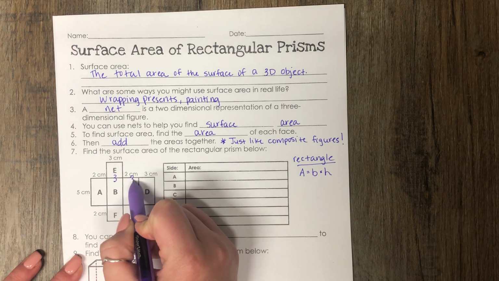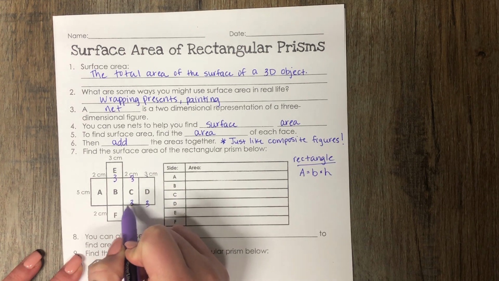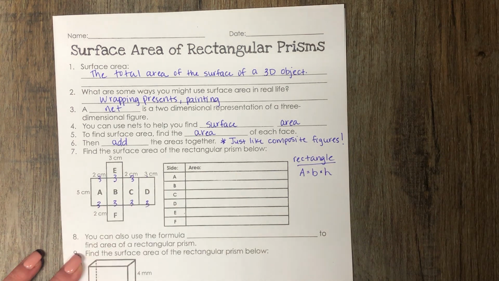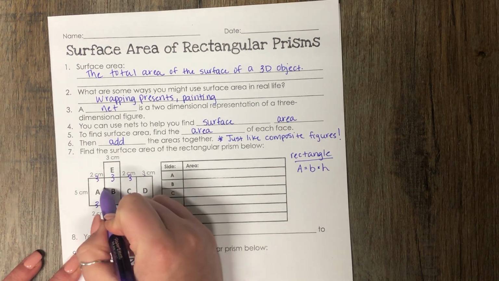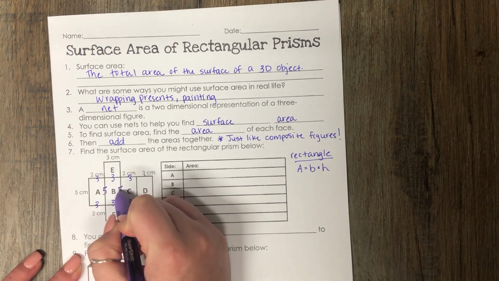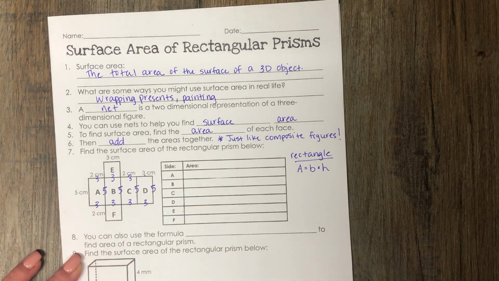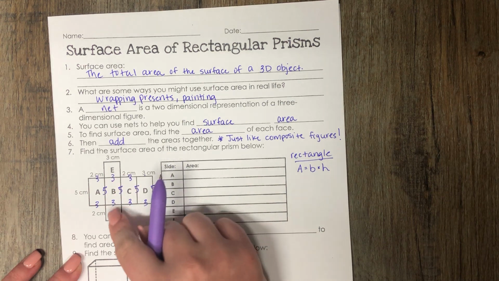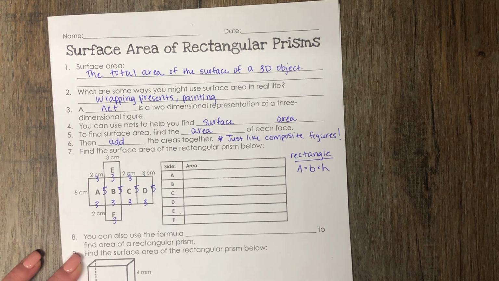So that means this is 3, this is 3, 3, 3, and 3. Okay? Then if this is 5, that means this line is 5, this line is 5, this one's 5, and this one's 5. And if this is 3, and this is 3, and this is 3, I bet you can't guess what this is. Yep, it's 3.